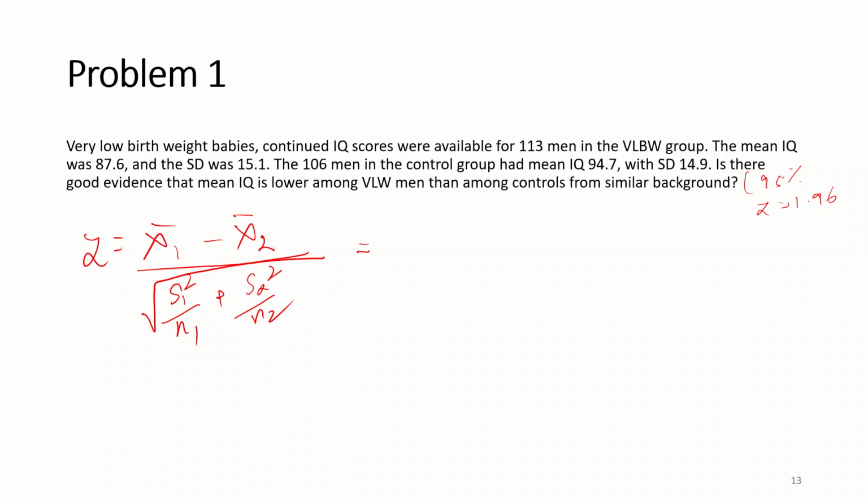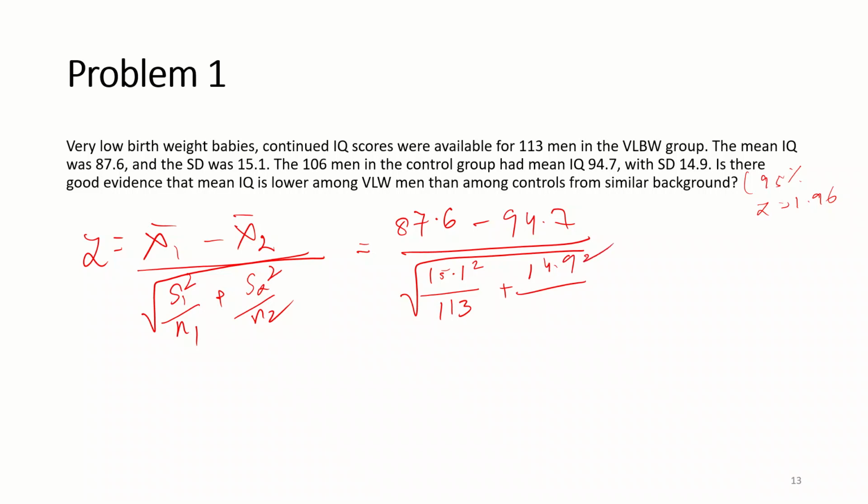Here what will come is the first mean 87.6 minus 94.7, divided by the square root of 15.1 whole square plus 14.9 whole square over 106.